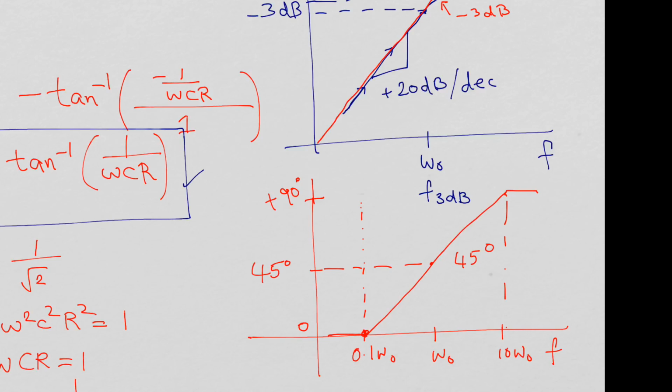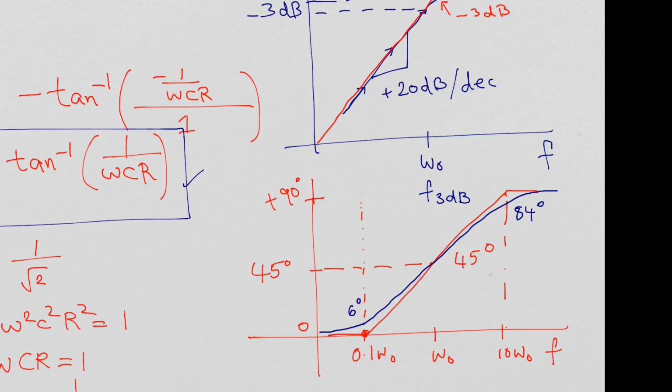In reality the phase plot would look like this: about 84 degrees at 0.1 omega naught, passing through 45, and approximately 6 degrees at the other end. This is how the phase plot looks for a high-pass filter.